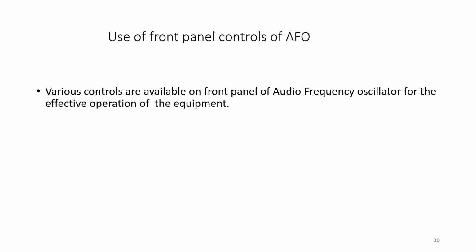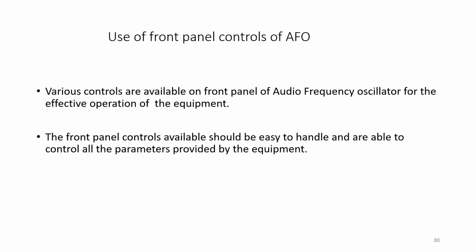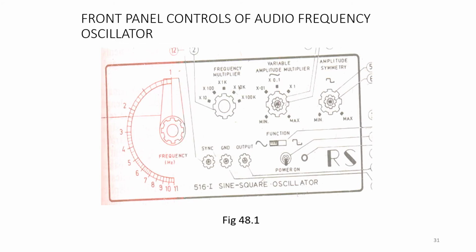Various controls are available on the front panel of the audio frequency oscillator for effective operation of the equipment. The front panel controls must be easy to handle and able to control all the parameters provided by the equipment. So this is an old type of audio frequency oscillator.